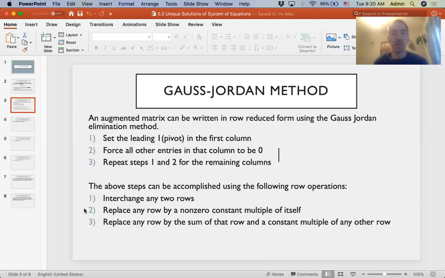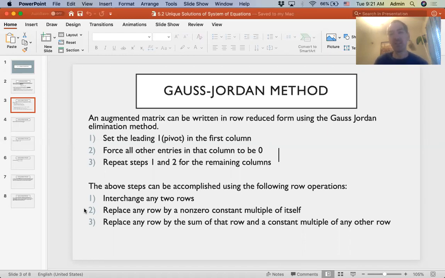Number 2, the other operation is to replace any row by a non-zero constant multiple of itself. In other words, you can multiply a row by any number that you want to. This second row operation is used when you're trying to set that leading 1. If you cannot switch 2 rows to give you the leading 1, then you can multiply that row by any number.